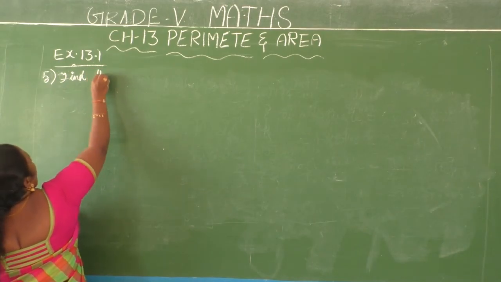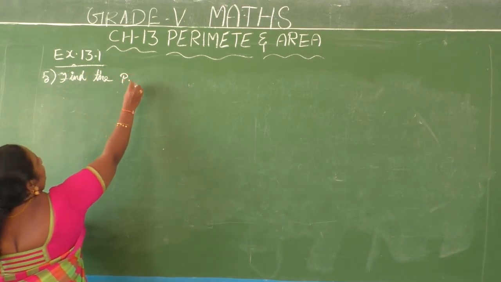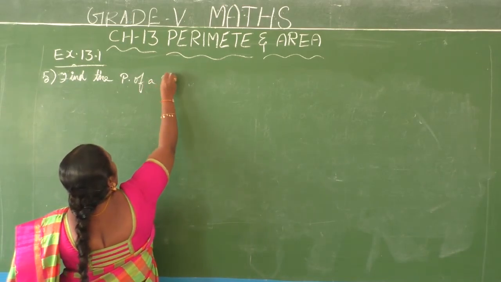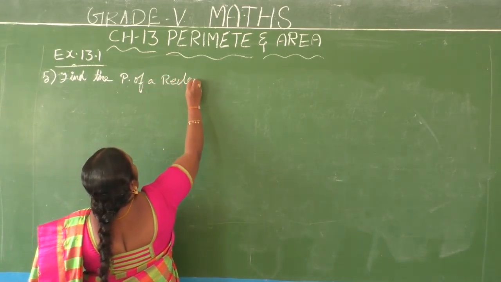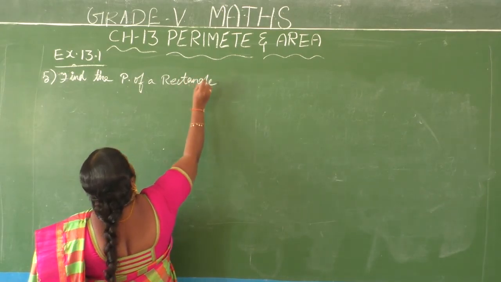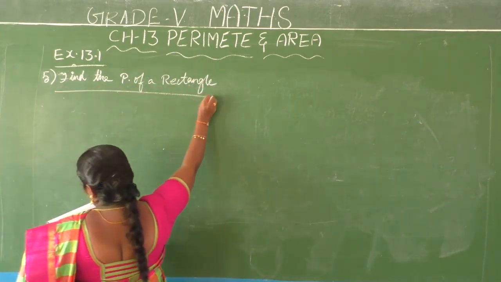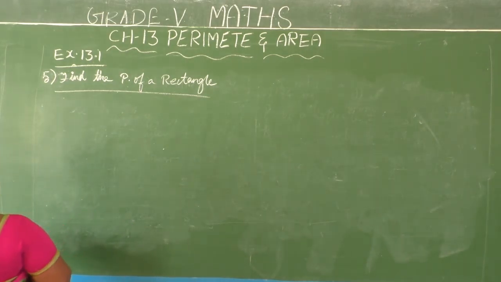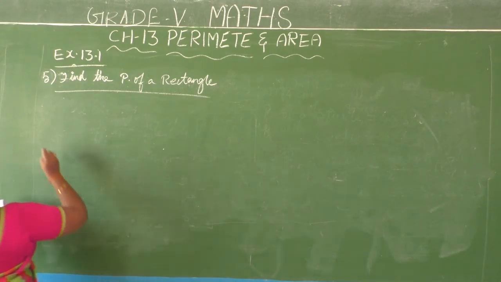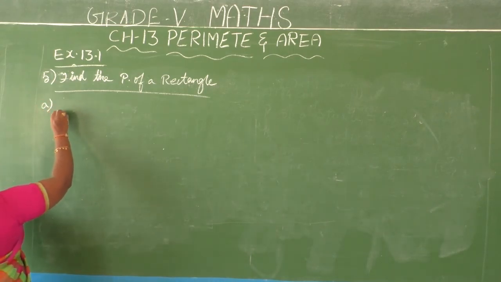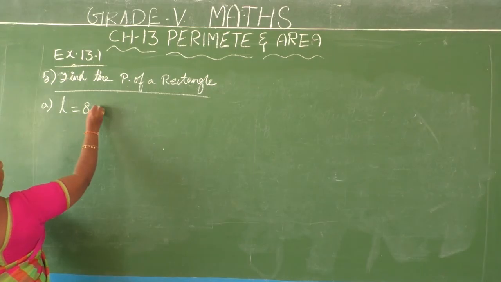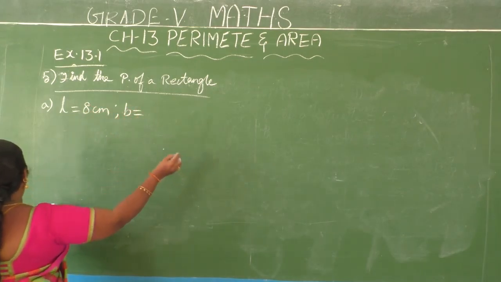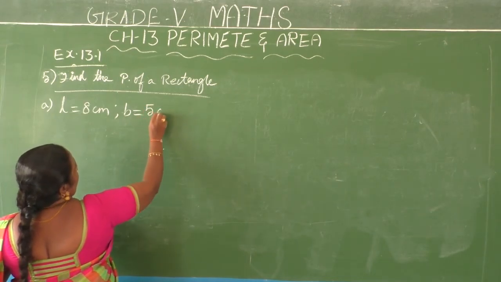Find the perimeter of a rectangle. Units they gave in centimeter only. A sum: length equal to 8 centimeter, breadth equal to 5 centimeter.